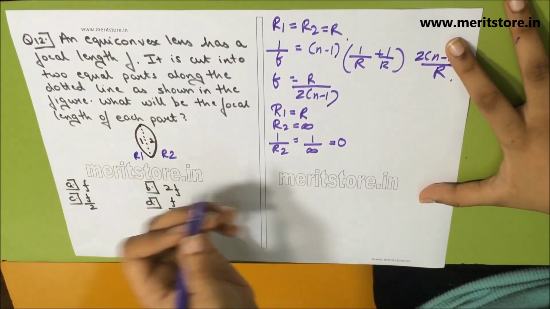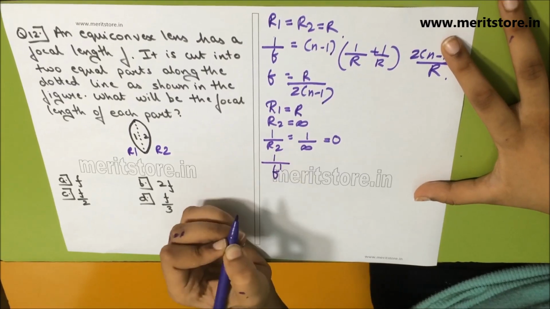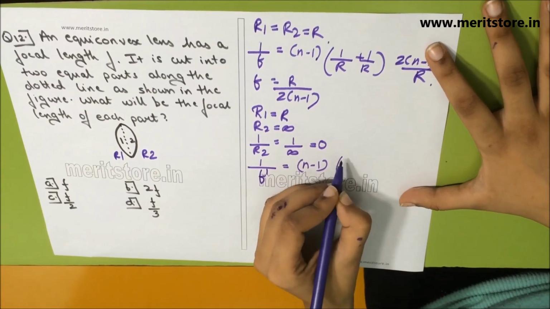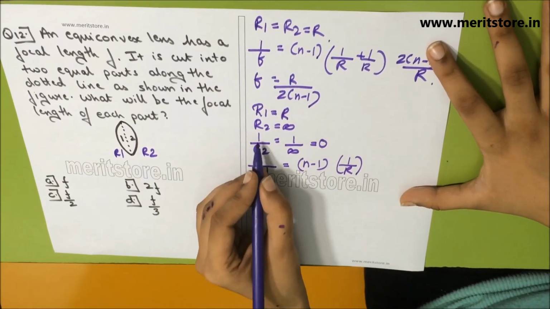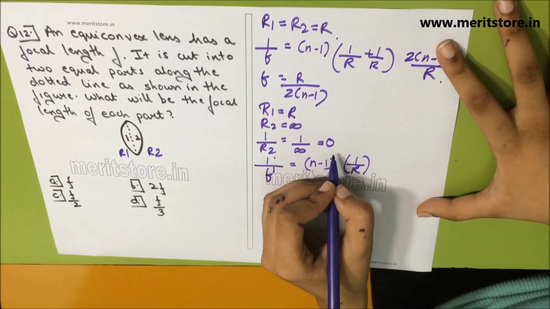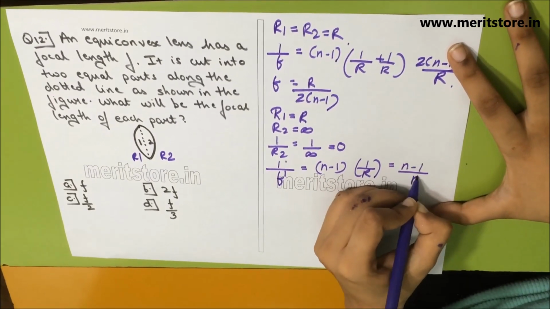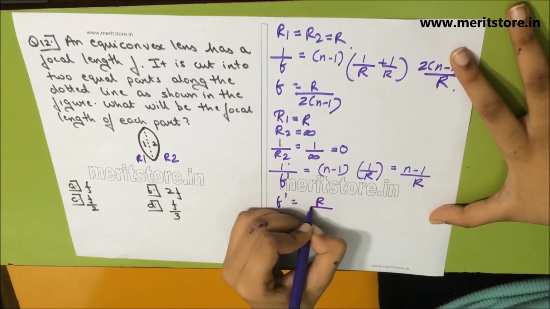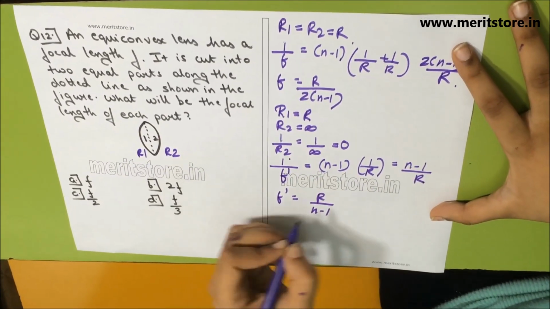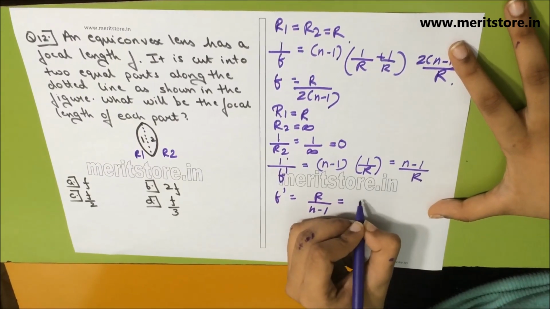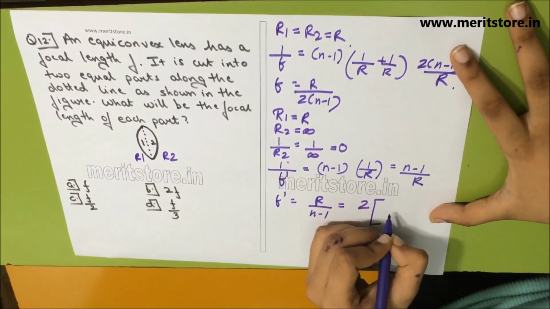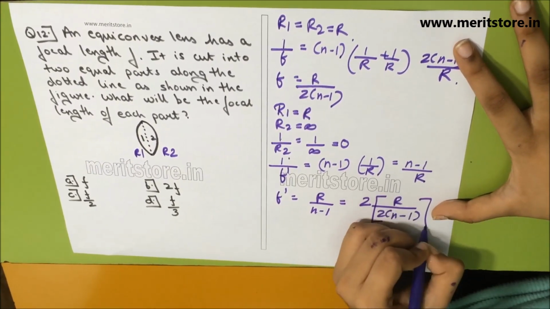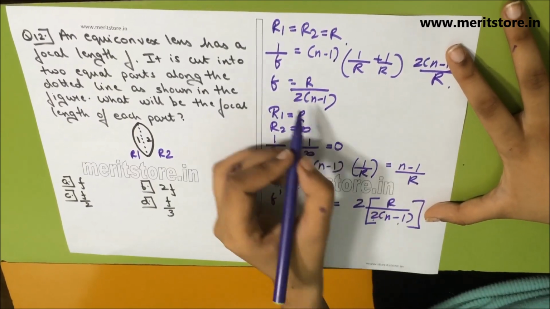So now for the half-cut lens, let's keep it as 1 upon f dash is equal to n minus 1 into 1 upon R, because we are not considering 1 by R2 because it is 0. So this is n minus 1 upon R. Therefore f dash will be R upon n minus 1, which is equal to 2. We multiply and divide it by 2, R upon 2 n minus 1. Now this R upon 2 n minus 1 is nothing but f.